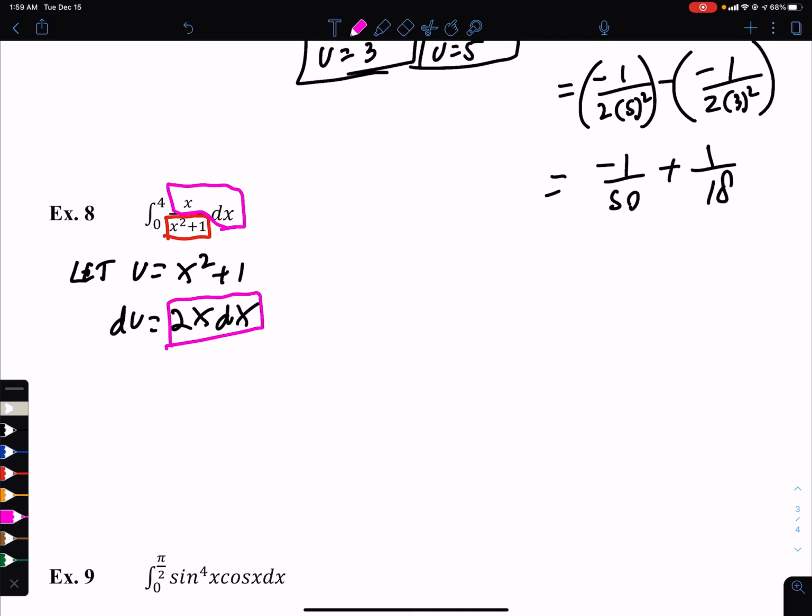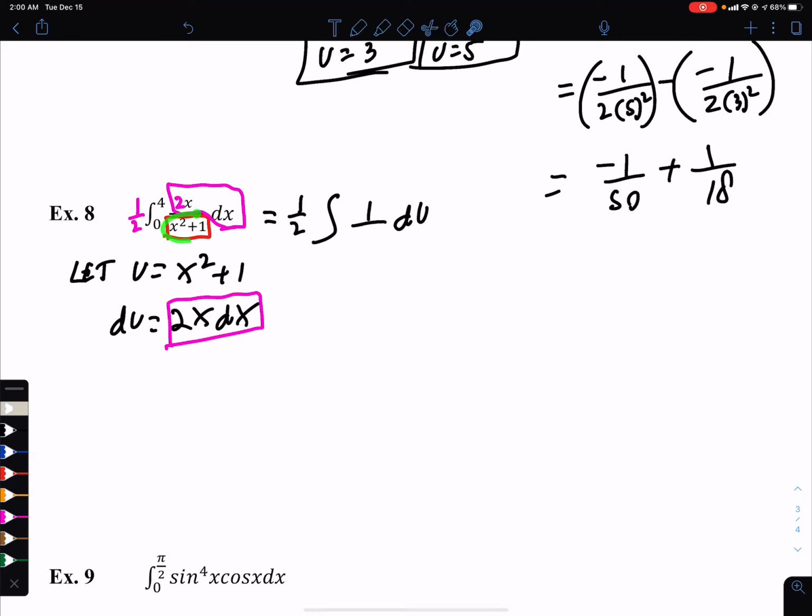But now I have a 2 there because I multiplied by a half. So the question is, do I have a 2 there? And the answer is, now I do. Now I do. So what happens here? The half stays. All of this gets replaced with du because that's what du equals.